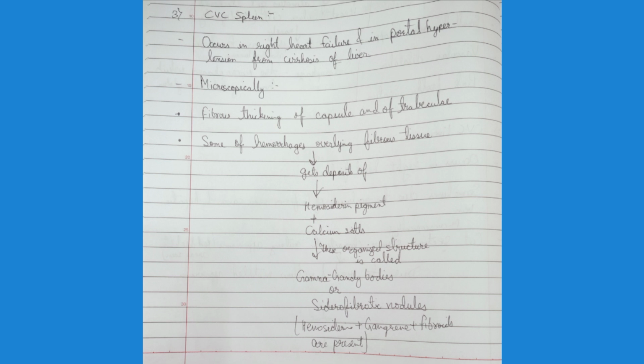These structures are called Gamna-Gandy bodies. You can also write that Gamna-Gandy bodies consist of hemosiderin, calcium, and fibrous tissue. These are all present in them.